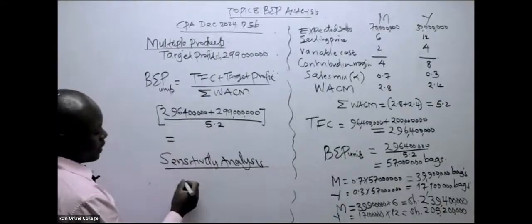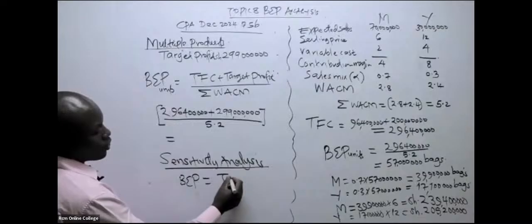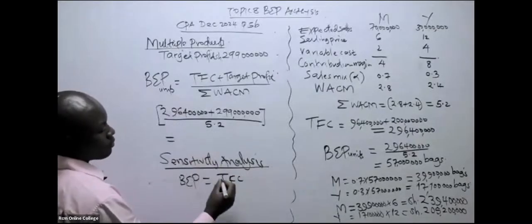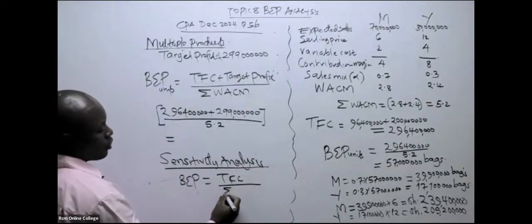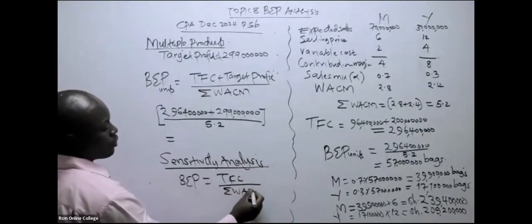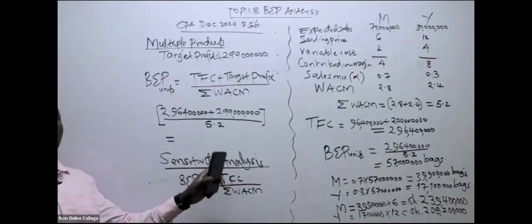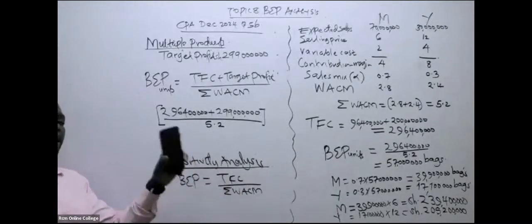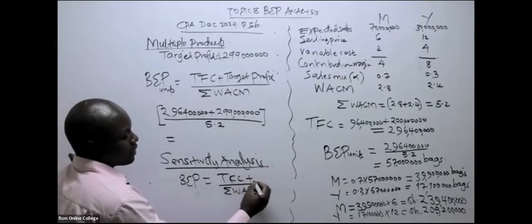Our formula says that break-even point is equal to total fixed cost, divided by the summation of weighted average contribution margin. Now, this numerator, I can interfere with it by introducing what we call target profit. Actually, it should be plus target profit.